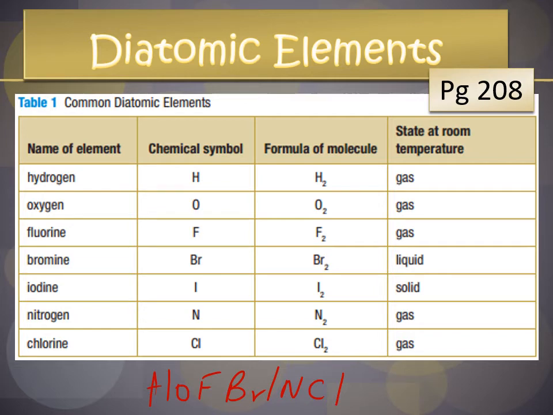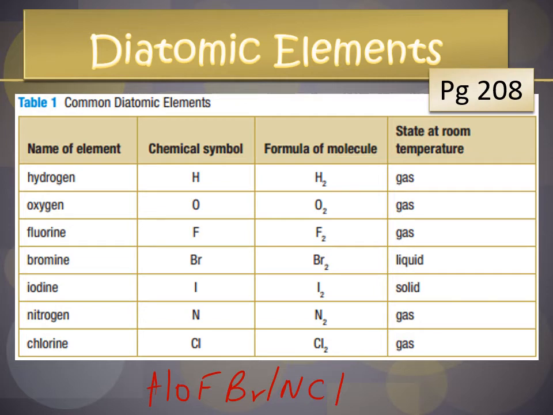What's important to note here is if you ever have an H2 molecule in a chemical equation, you have to name it as the element's name with the gas state in it. And so what I mean by this is if you see H2 in a chemical equation, that's not just hydrogen, it's hydrogen gas.